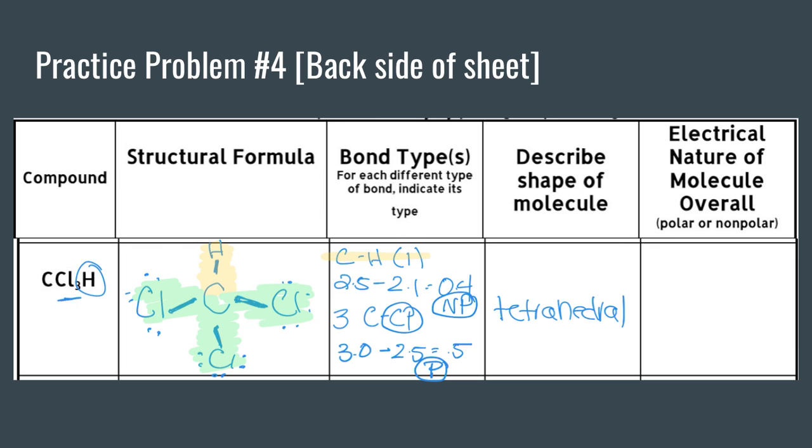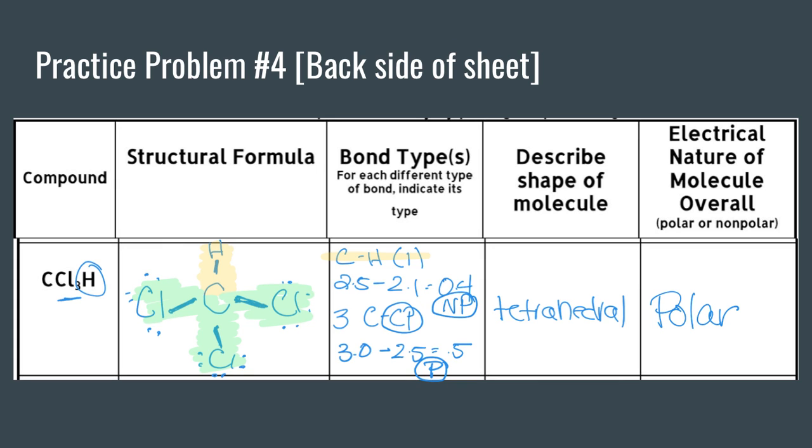At least 1 polar bond is present. Well, yep, that's true. We actually have 3. Then we check our shape. We go down and we have tetrahedral, and it says same charges around the outside or different charges. This time we have different charges because polar, polar, polar, nonpolar. So this time overall the substance is going to be polar.